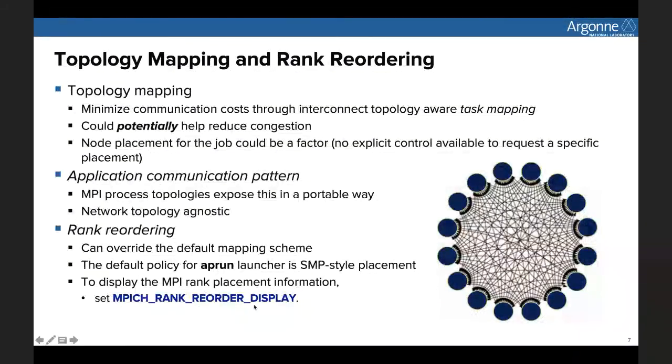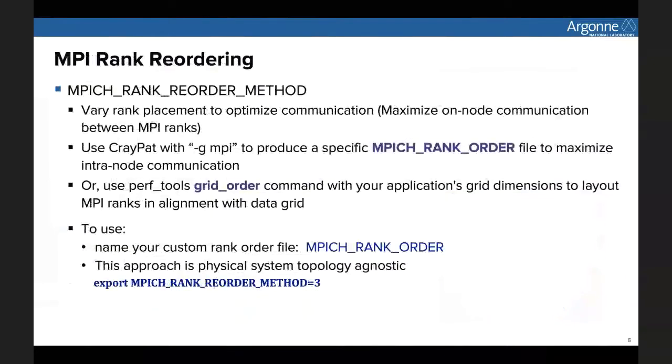You could see the placement that is used with MPICH_RANK_REORDER_DISPLAY. The environment variable that one should use for this rank reordering is MPICH_RANK_REORDER_METHOD. That would vary the rank placement to optimize communication, to maximize on-node communication between the MPI ranks.